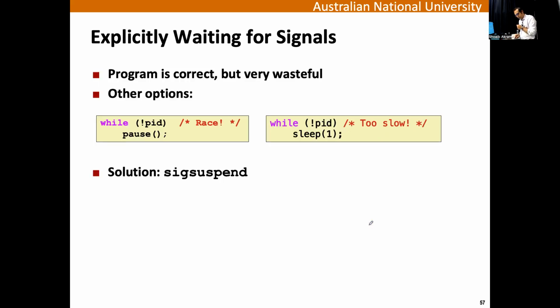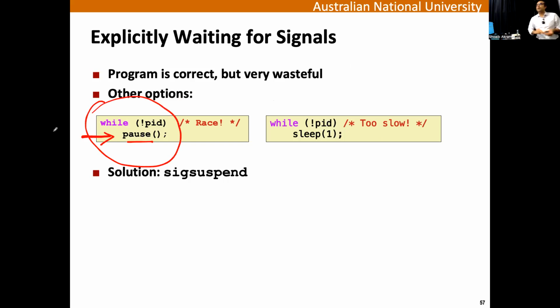There is something called pause. The pause system call suspends the process until a signal is received. Okay. But what is the problem with this? So this could be helpful to prevent waste, right?